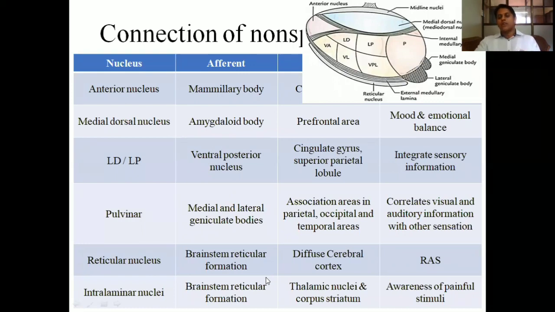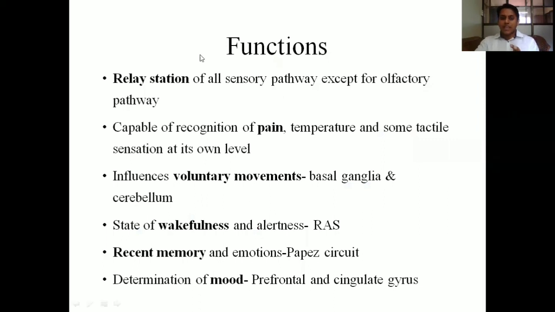Okay, so thus we have covered all the nuclei connections. We have seen the connections of the association, specific and the non-specific nuclei. As we are now aware of all these connections, now you can tell about the functions the thalamus is concerned with. The functions of the thalamus are obviously the nuclei which it relays, the fibers which relay at the nucleus. So the major function of the thalamus is that it is the relay station for all the sensory pathways except the olfactory pathway.